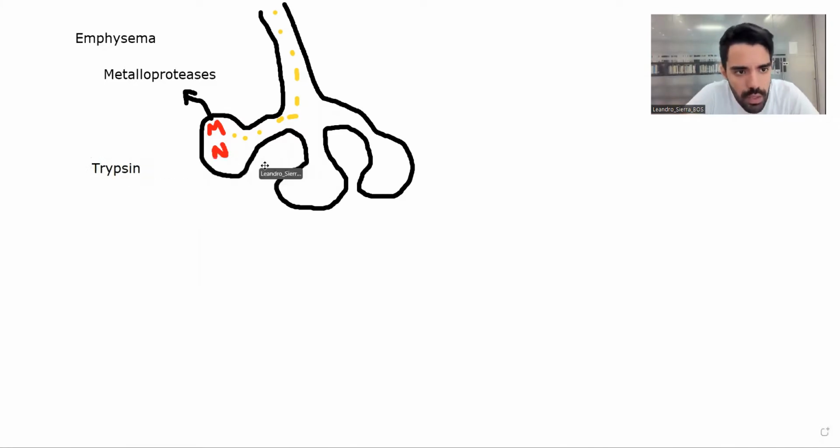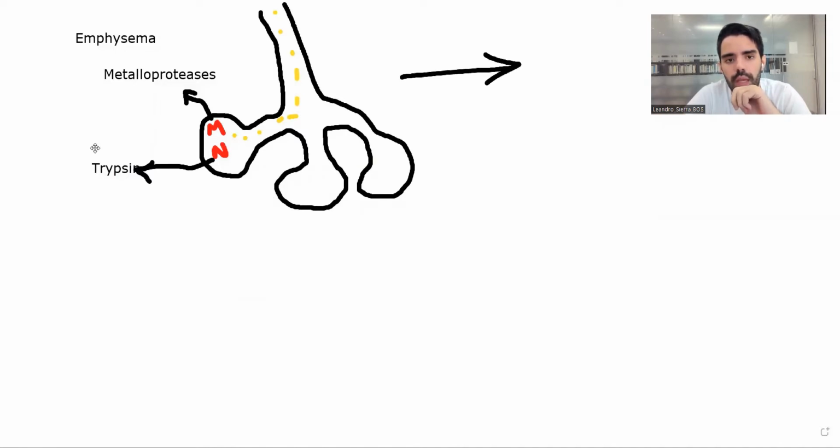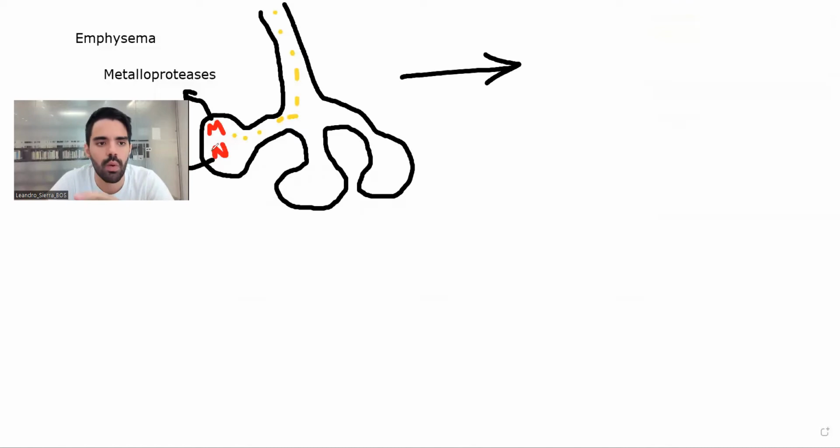Right. So trypsin. This production of metalloproteases and trypsin is going to produce damage in the walls of the lung system. So now this wall is not going to look like this.